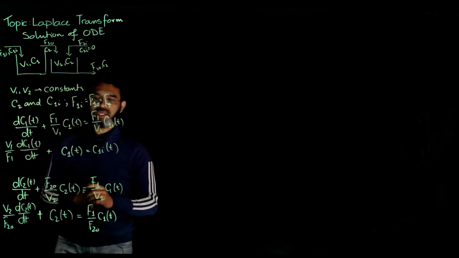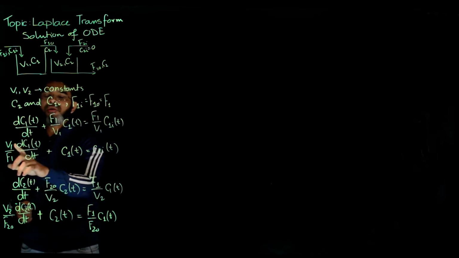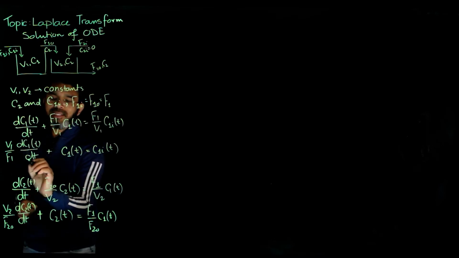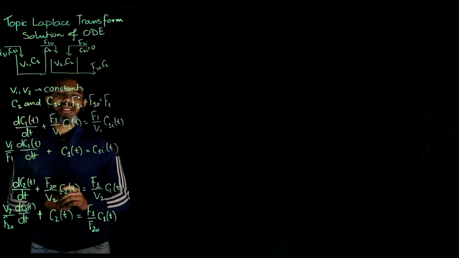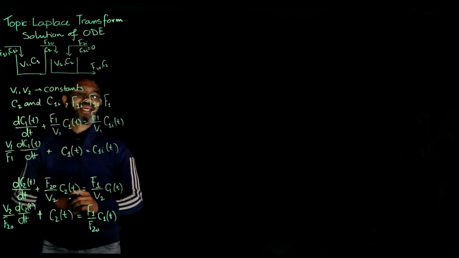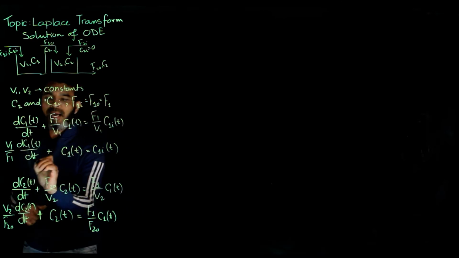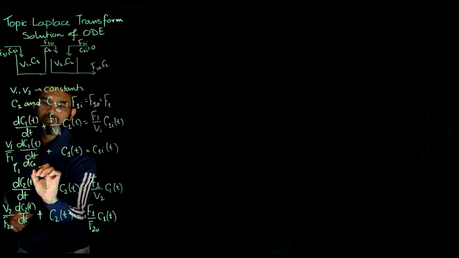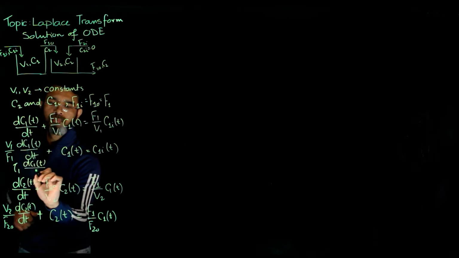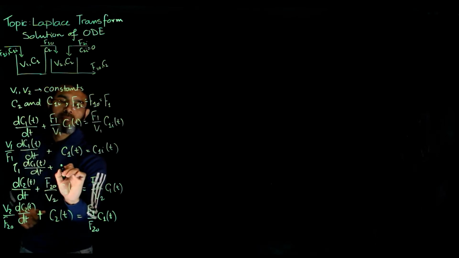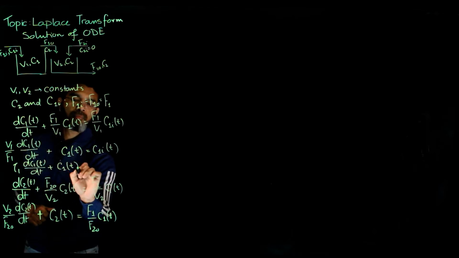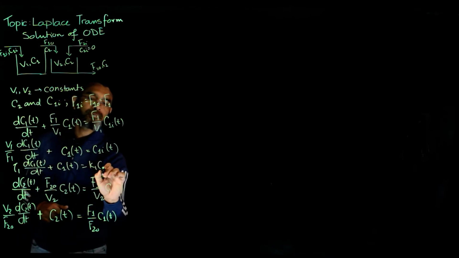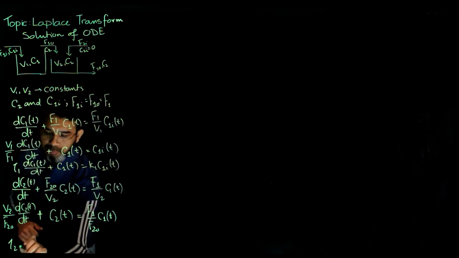So in the standard form, instead of writing V1 over F1, we write tau 1 dC1/dt plus C1(t) equals K1 C1I(t), and the second equation with tau 2.